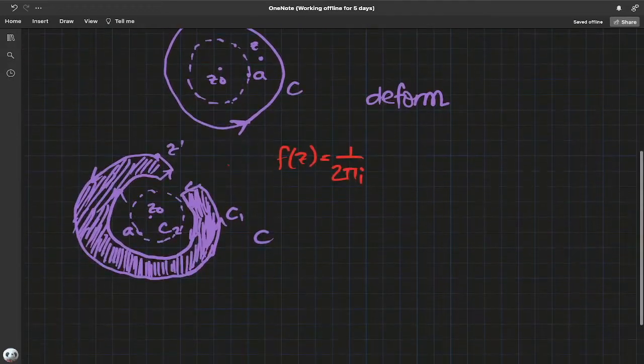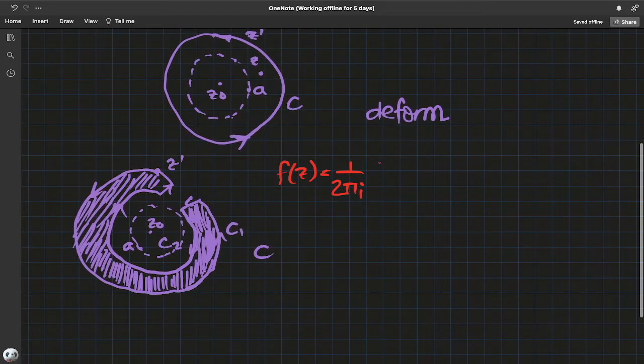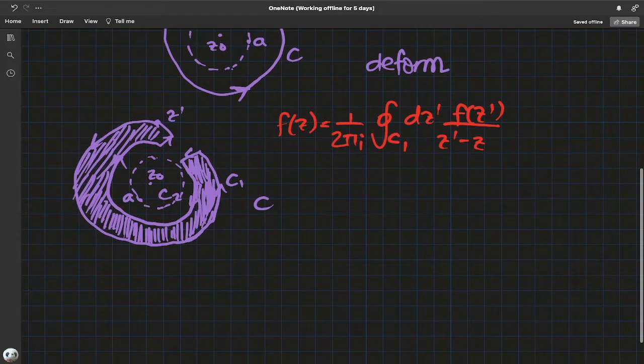So C is broken up into C1 and C2 by deformation. So C1 is basically dz prime f of z prime over z prime minus z. And for C2 we're going to take a negative, because notice it's in the clockwise direction, against our predefined convention.